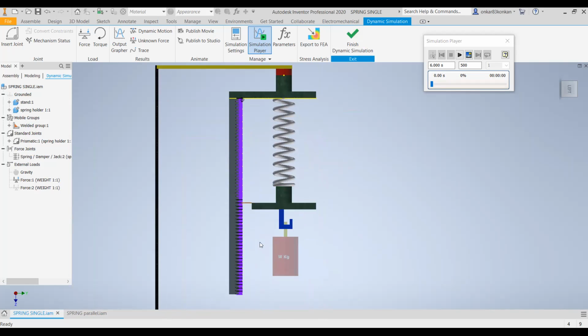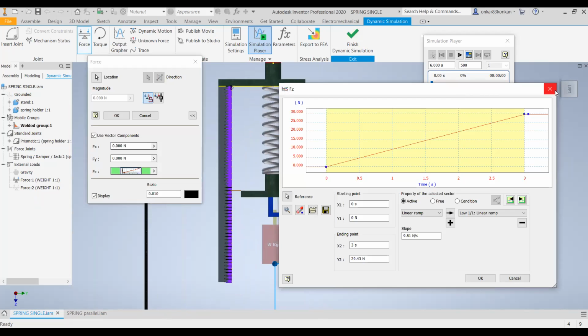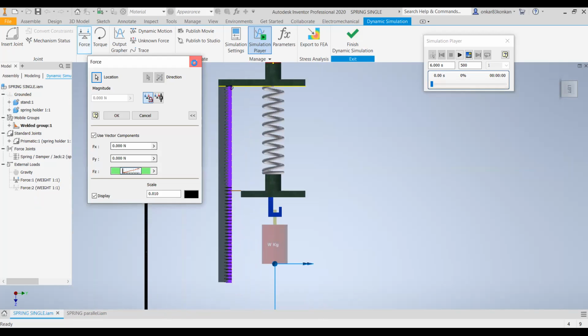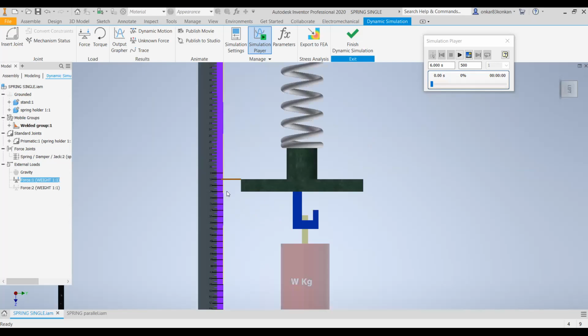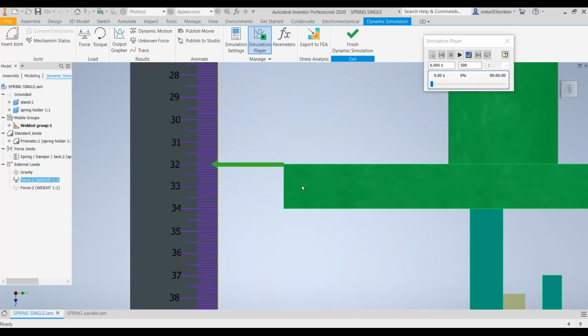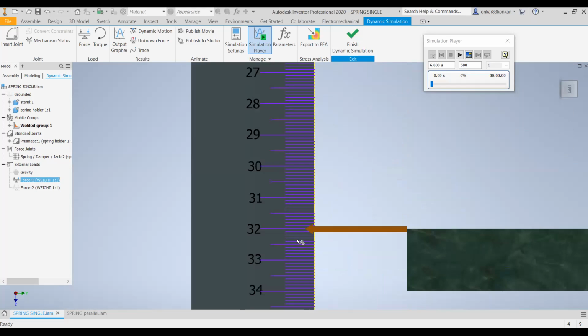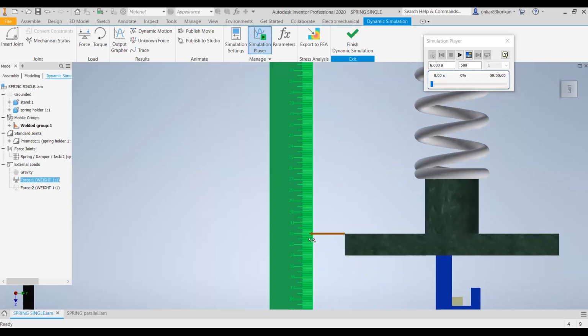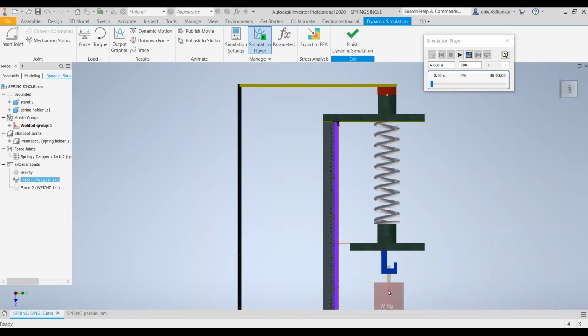Initially I have connected a known weight of 3 kg. In the observation table, you enter the value for mass as 3 kg. Initially you can observe its undeformed length: the undeformed length for that spring is 32 centimeters. At this undeformed length, we have attached a known weight of 3 kg.